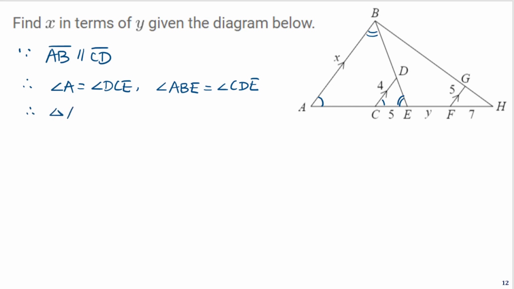Therefore, we have triangle ABE is similar with triangle CDE by AA similarity.